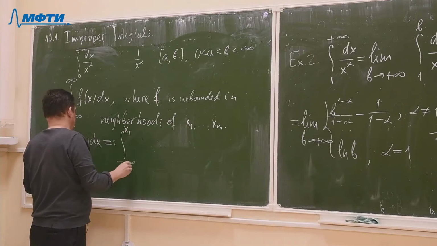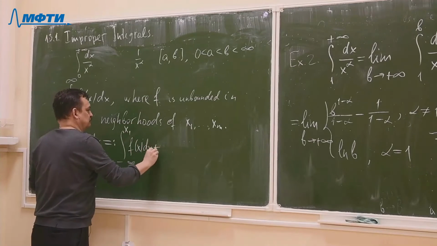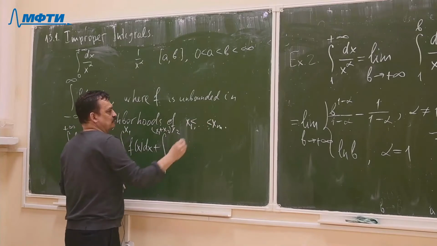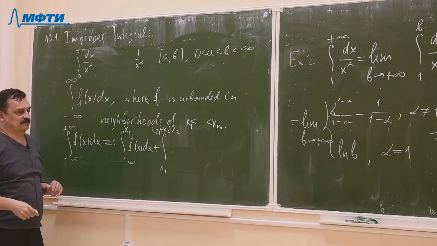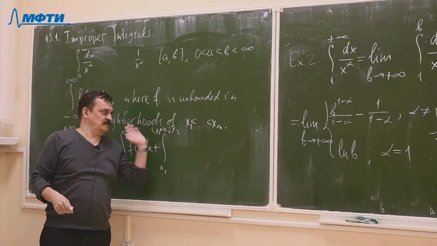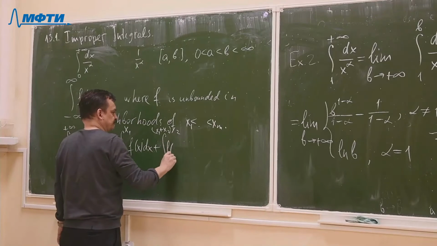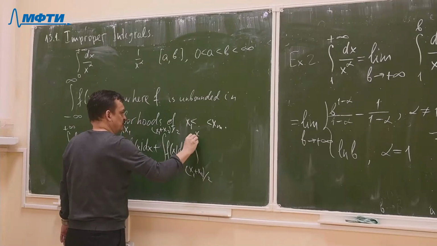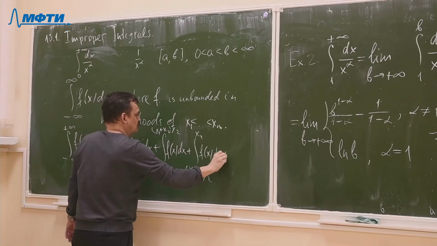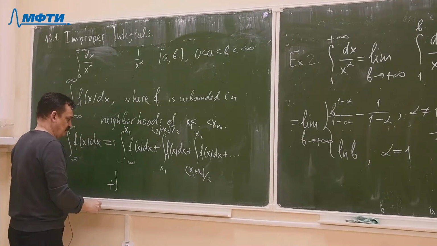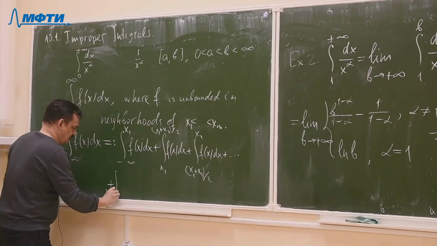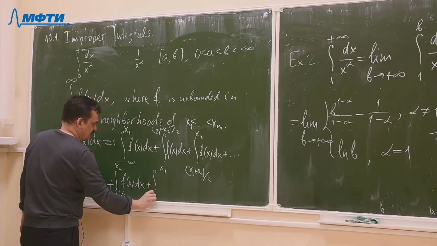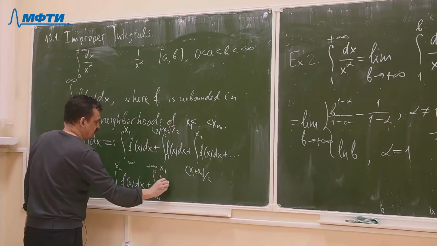So, the integral from minus infinity up to x1, plus the integral from x1 to x1 plus x2 over 2. Okay, I forgot to suppose this: finitely many points, let us suppose they are arranged in increasing order, plus the integral from x1 plus x2 over 2 up to x2, plus and so on, plus the integral from x n minus 1 plus xn over 2 up to xn, plus the integral from xn up to plus infinity of f of x dx.